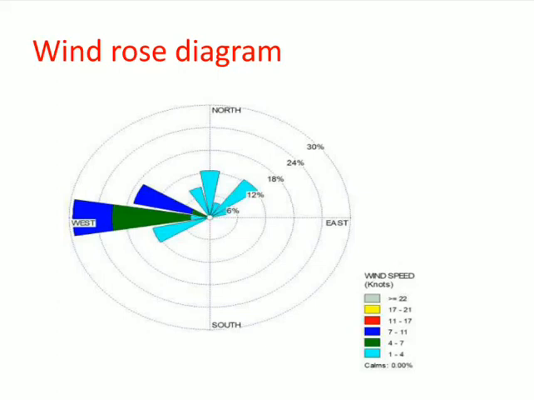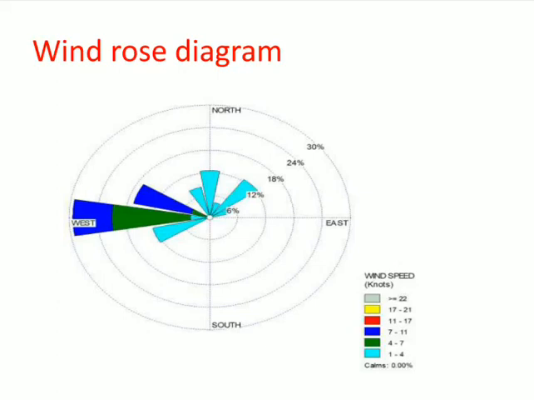For 17 to 21 knots, yellow has been given. If the speed range is between 11 to 17, red has been given. If between 7 to 11, blue has been given. If between 4 to 7, green has been given. So like that.